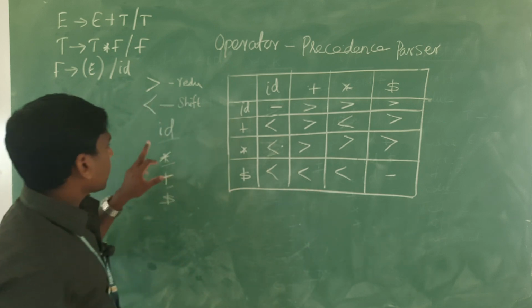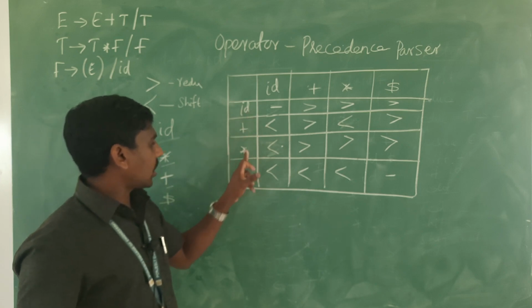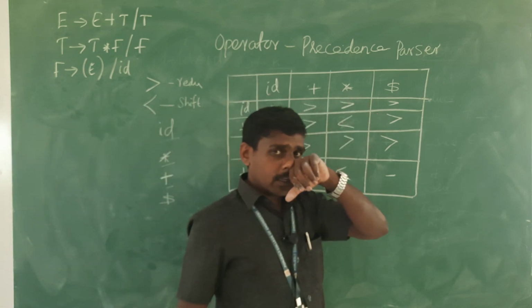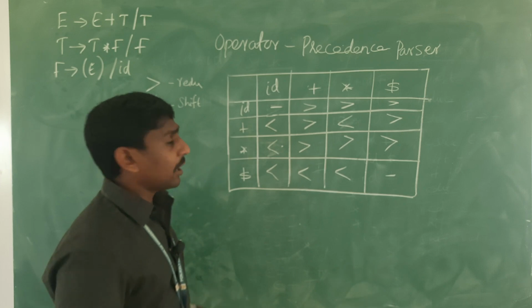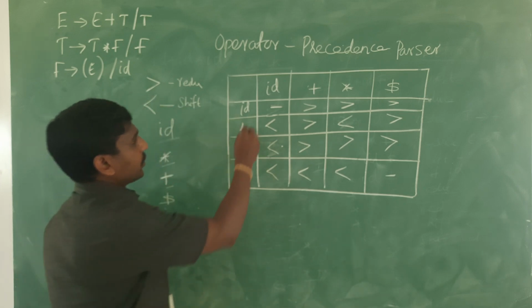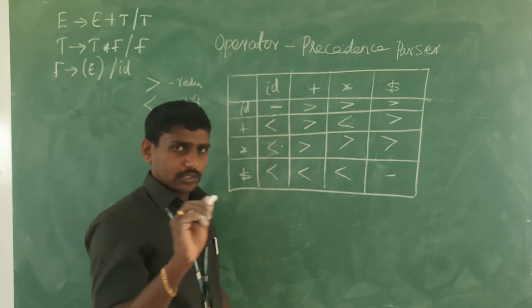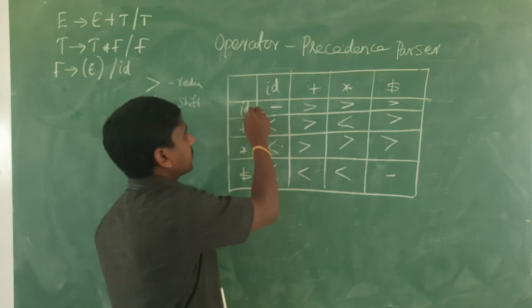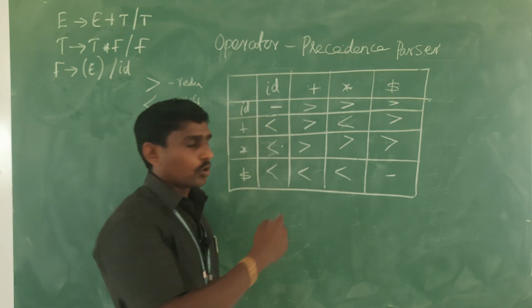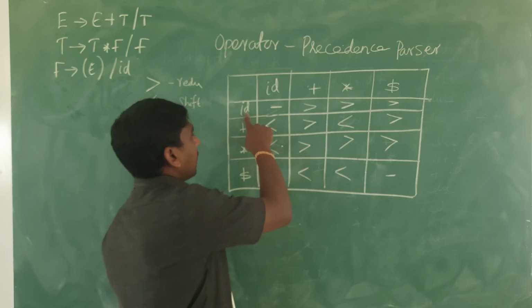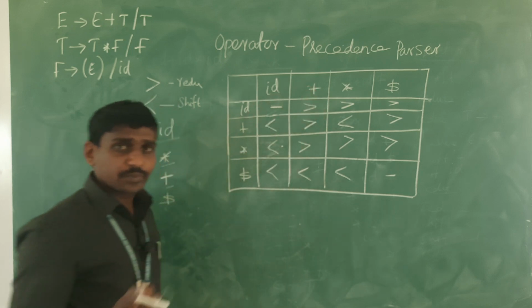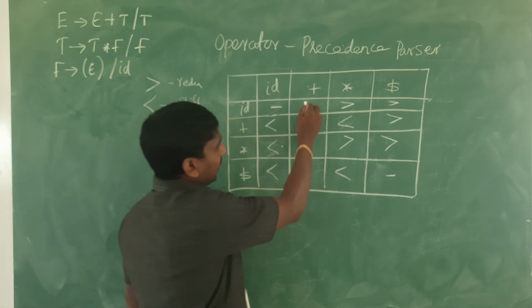You have to write id, plus, star, dollar across the rows and columns. Which one has the highest precedence? ID. So if there are both IDs, there is no precedence here, so you put a dot. ID and plus: ID has the highest precedence, so the operator is greater than.